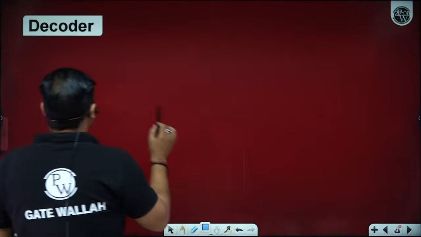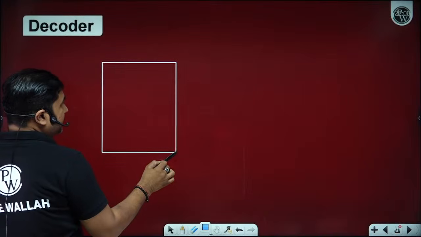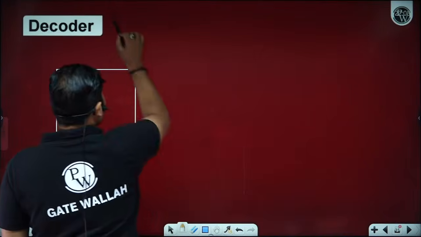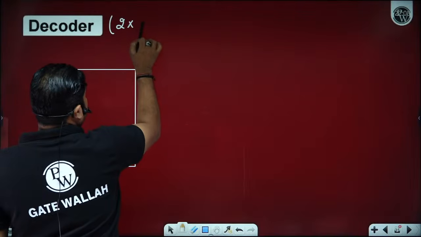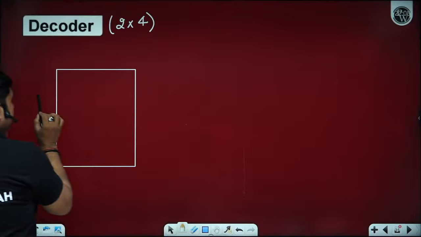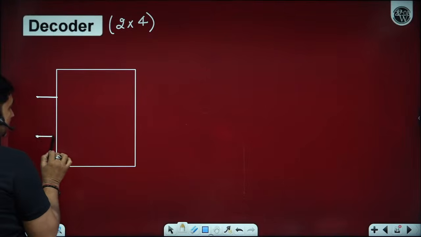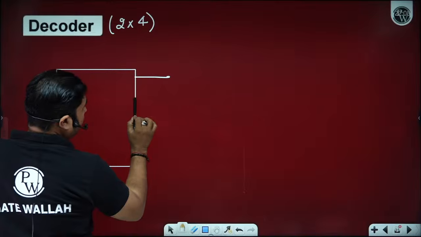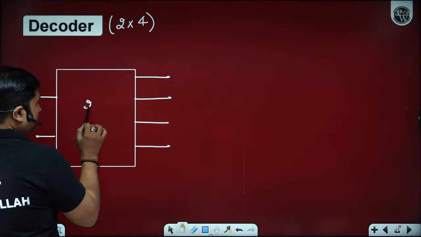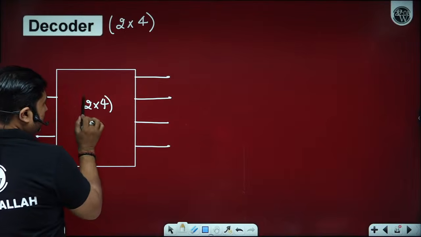So please observe. First, I am talking about the 2x4 size decoder. 2x4 size means it has 2 input lines and 4 output lines.